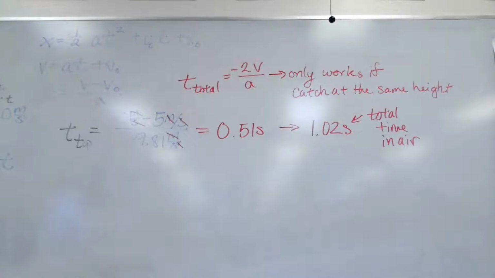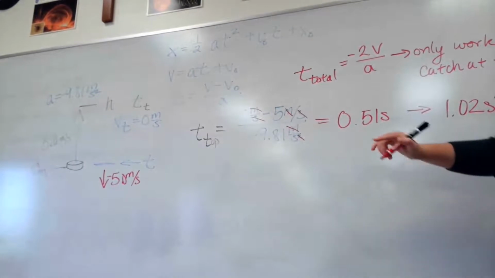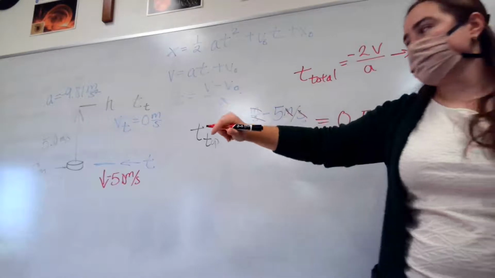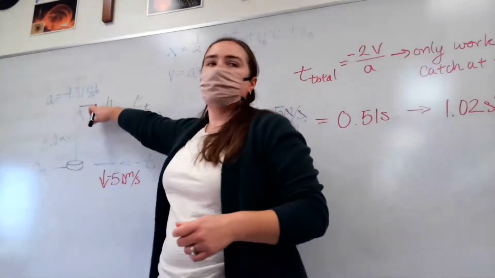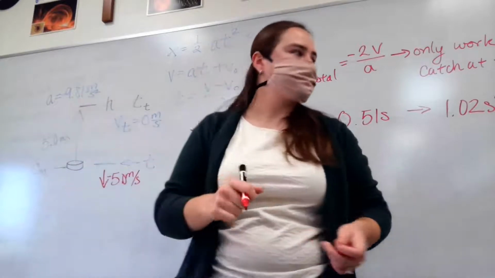Does that make sense? Okay, so here we have a velocity of 5 meters per second. Okay, this we would write as negative 5 meters per second. And so then we can come back and we can actually put these values into this equation here. And this time, rather than getting half of our time, we're going to get the total time, right? So it goes up, it comes back down.